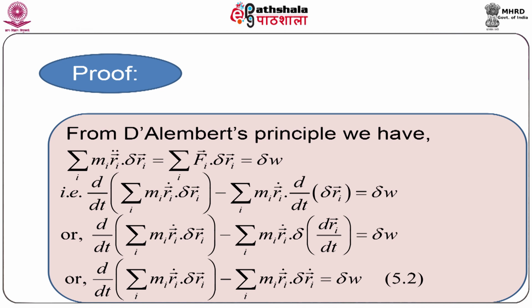Thus, we get ddt of summation over i of mi ri vector dot dot delta ri vector minus summation over i of mi ri vector dot dot delta ri vector dot equal to delta W. Here ri vector dot means ddt of ri vector and ri vector dot dot delta ri vector means we are considering the scalar product of two vector quantities, which is velocity ri vector dot and virtual displacement vector delta ri vector.